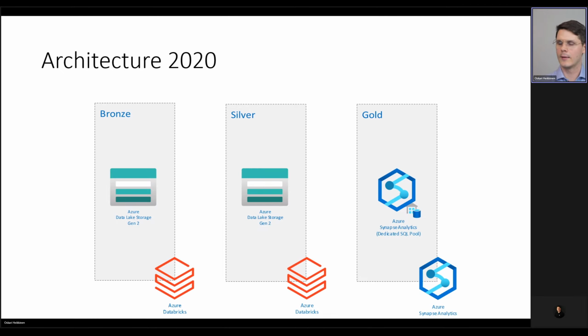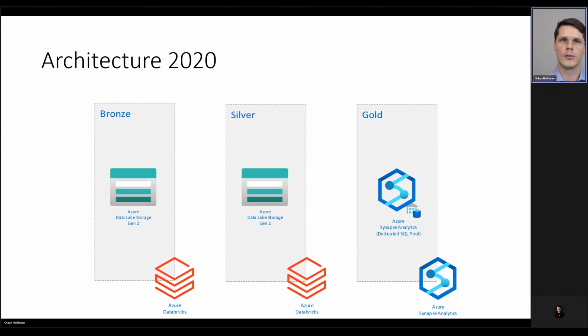So I would say that if you have a really easy use case for your data warehousing needs, but a big data lake, then you could very well have just Databricks for that use case and have everything solved with it. And the other way around, if your data lake architecture is fairly simple, but your data warehousing requirements are super complicated, then you may be able to build the whole thing just using Synapse.